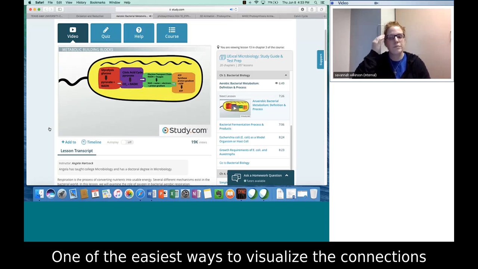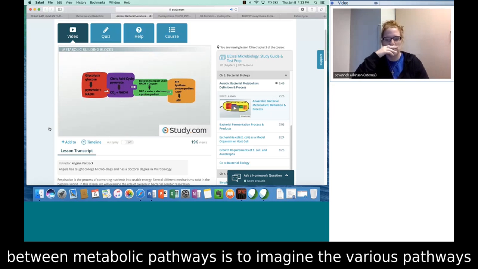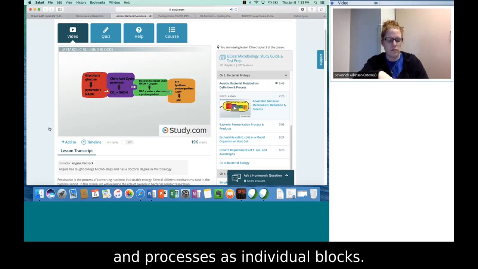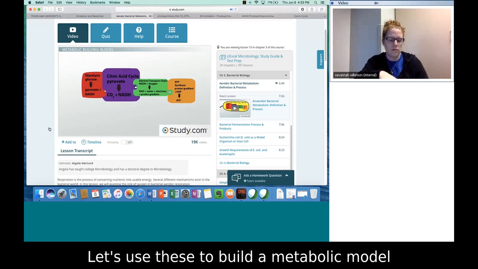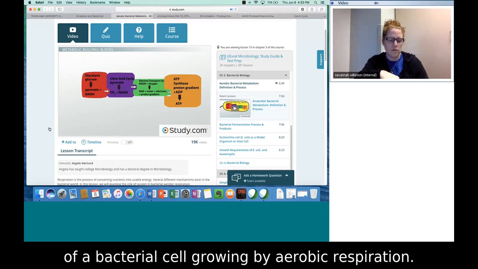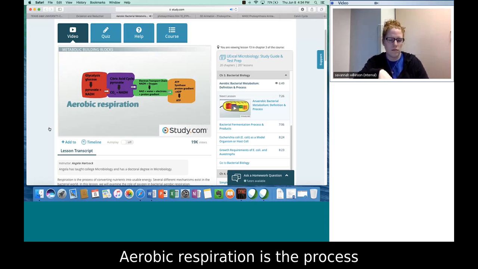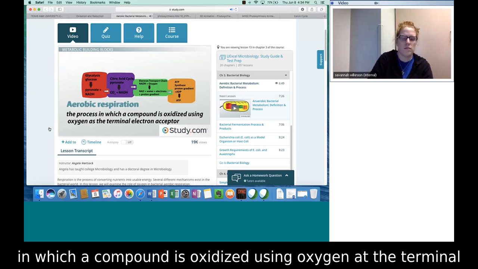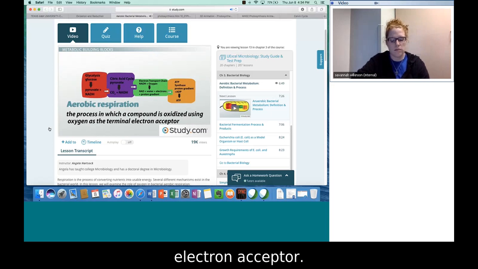One of the easiest ways to visualize the connections between metabolic pathways is to imagine the various pathways and processes as individual blocks. Let's use these to build a metabolic model of a bacterial cell growing by aerobic respiration. Aerobic respiration is the process in which a compound is oxidized using oxygen as the terminal electron acceptor.